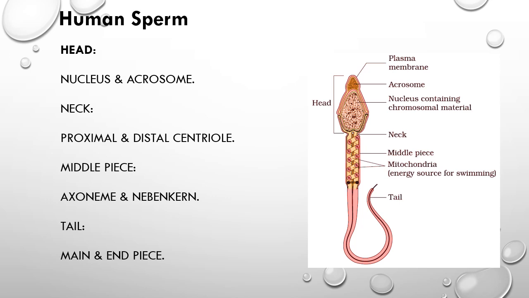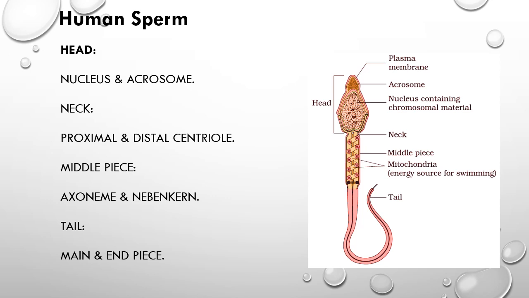In the diagram you can see the acrosome. It is present anterior to the nucleus, in the form of a cap-like structure which contains different types of enzymes like acrosin, neuraminidase, etc. This acrosome helps the sperm to penetrate the egg.